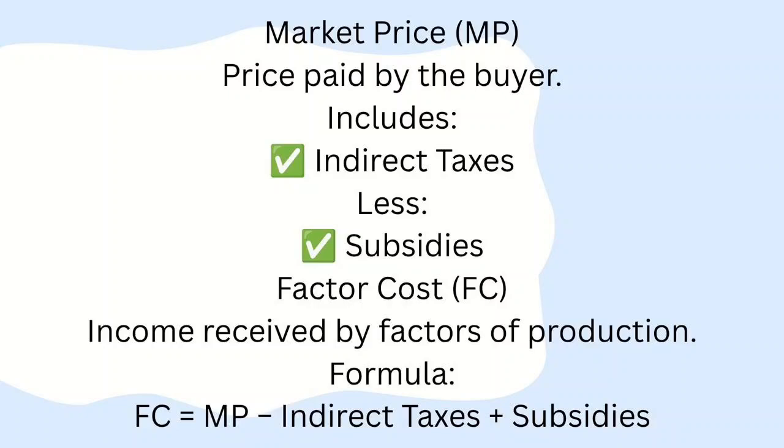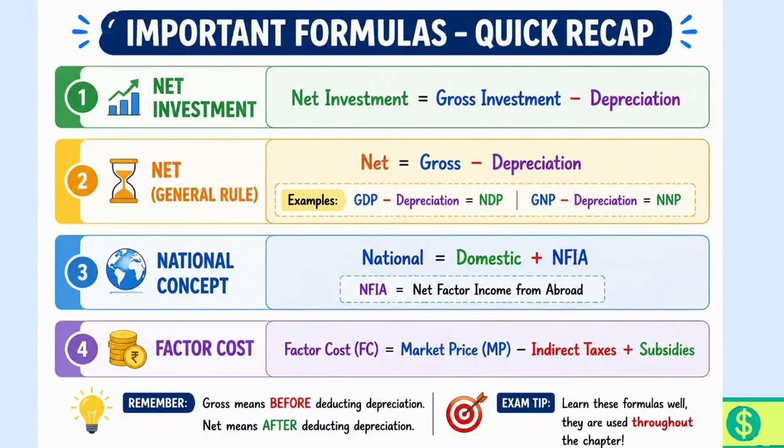The relationship is very important because it appears repeatedly in national income calculations. These 4 formulas are the backbone of today's lesson. If you memorize them and understand what each term means, you will find the upcoming chapters much easier. So you can note it down or take a screenshot for your reference.